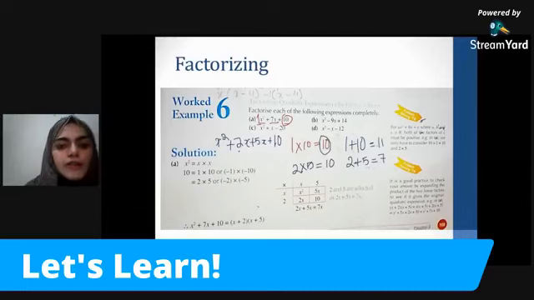So this is the way I'm going to write this down. Now this was my first step. I first chose the factors which can give me 10 and which can add up to 7x. Then I broke up the middle term and I rewrote the equation.